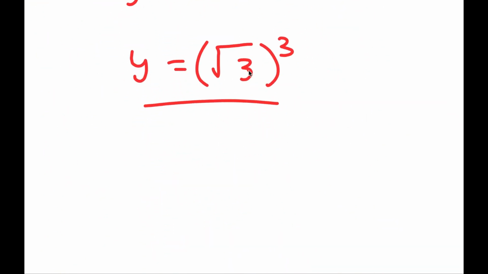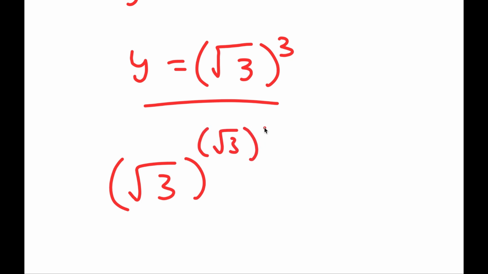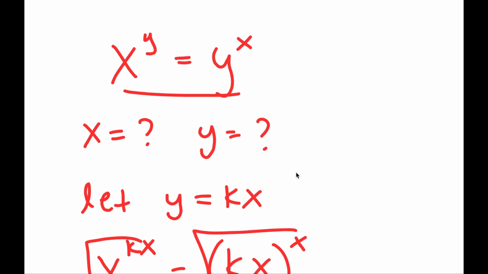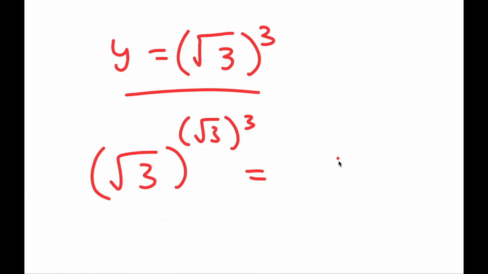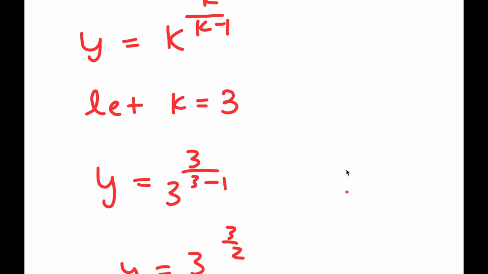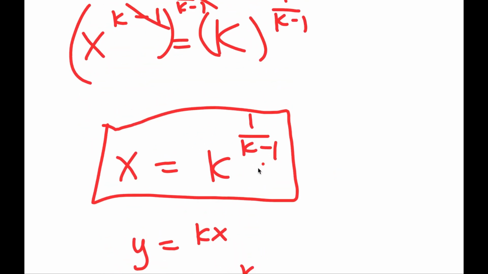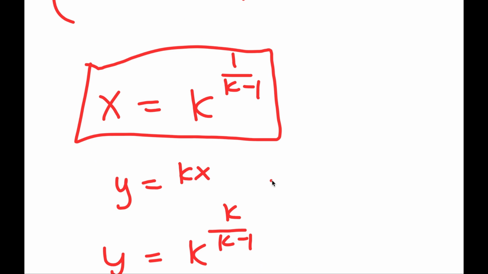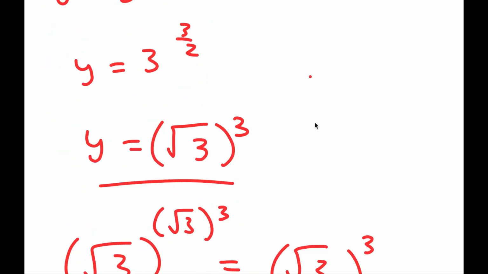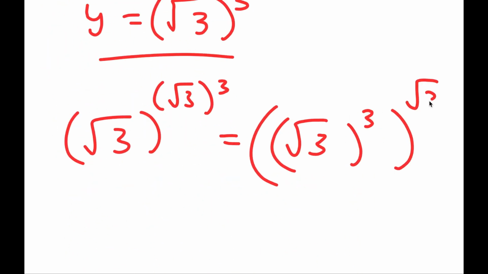So the square root of 3 to the power of the square root of 3 to the power of 3 is equal to the square root of 3 to the power of 3 to the power of x, which is equal to 3 to the power of 1 over 2, which is the square root of 3.